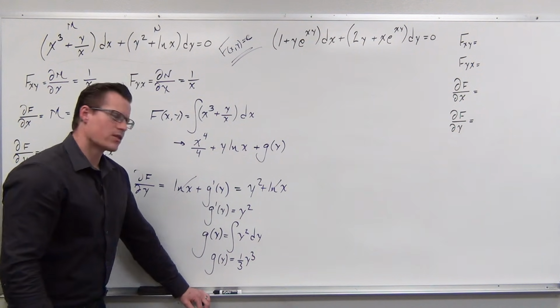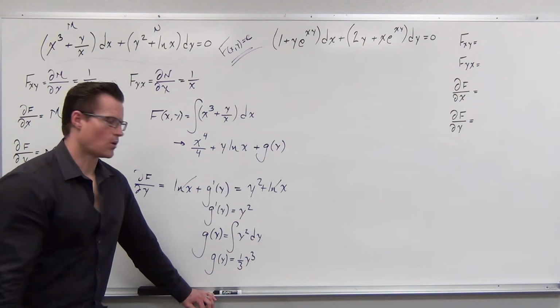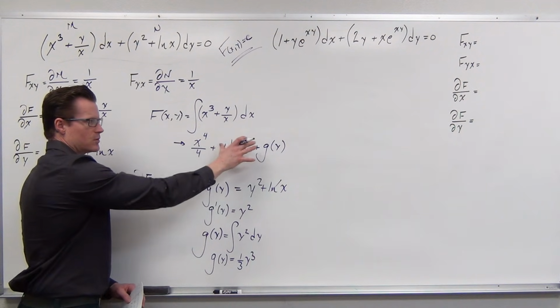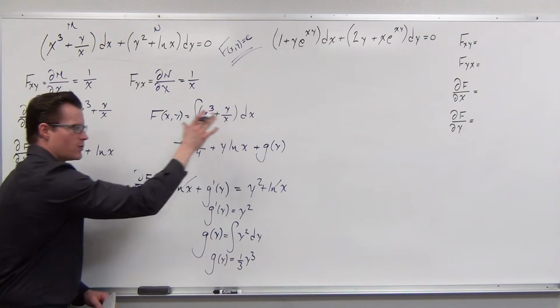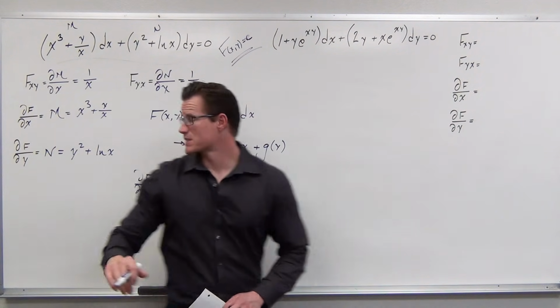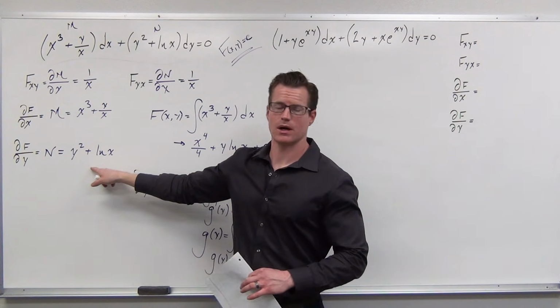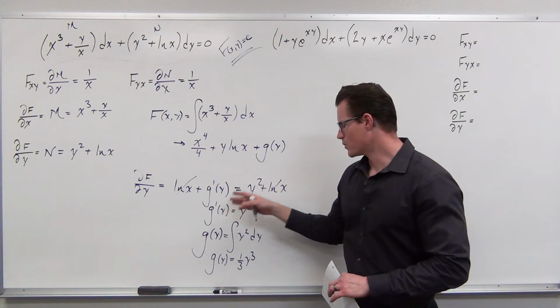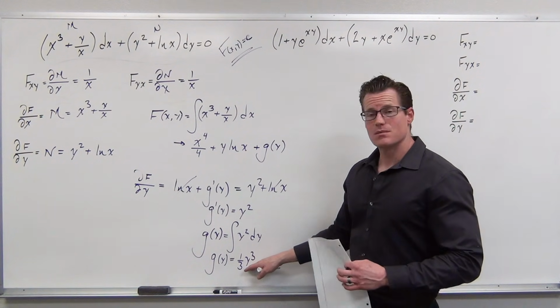We also talked about how the plus c is not really relevant. I'll talk about why that is in just a moment. But we integrated m with respect to x. We take a derivative with respect to y, and now we set it equal to what it has to be equal to. And we solve for it. We solve for the derivative of the function we didn't know. We integrate it. It gives us the missing piece.